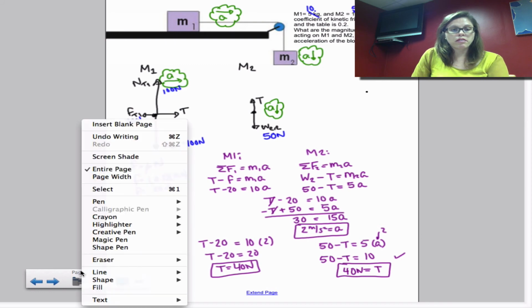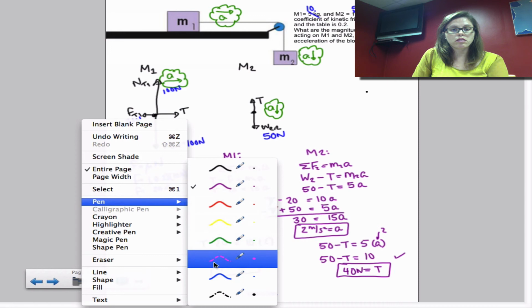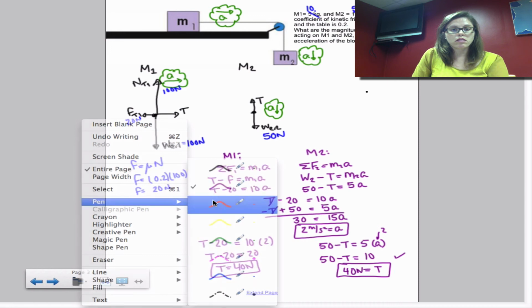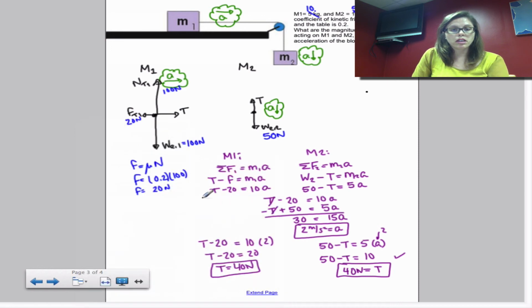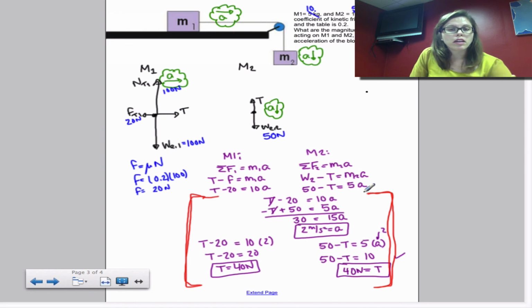Notice that from here to here, there's no physics. There's no physics equations or anything. This is just algebra. It's just plugging and chugging and solving for variables.